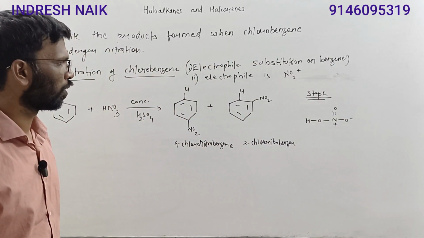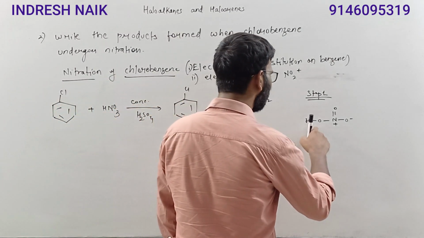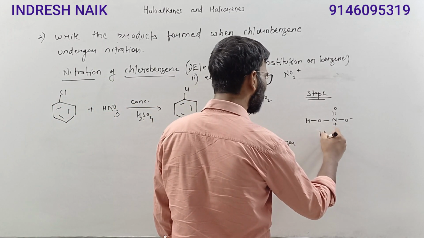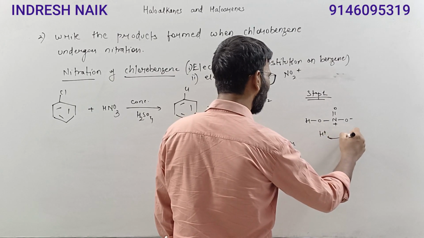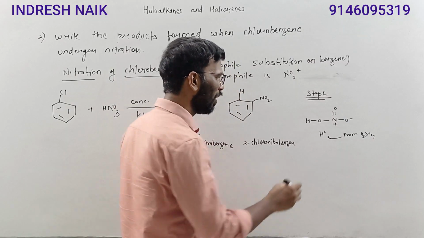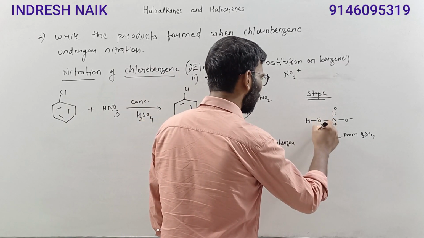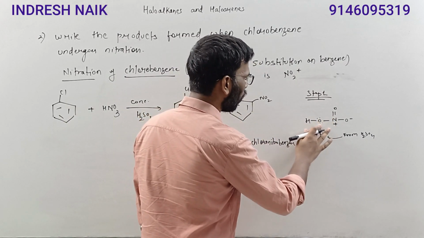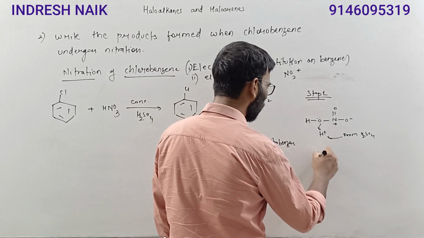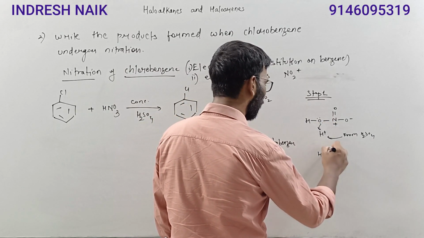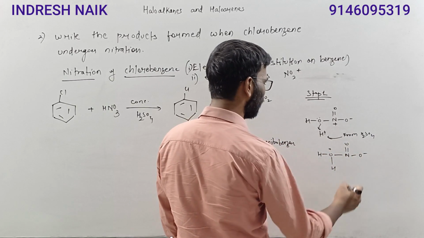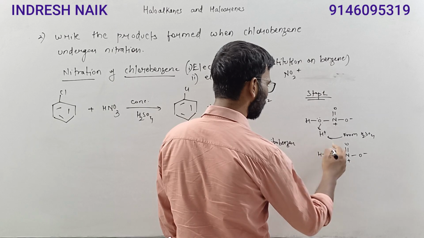Now the H plus comes from H2SO4, which is a strong acid. What happens? There is a donation, and a new bond is formed. So this is oxygen, this is hydrogen, new bond formed. This is nitrogen, oxygen, O minus, and there is a positive charge.